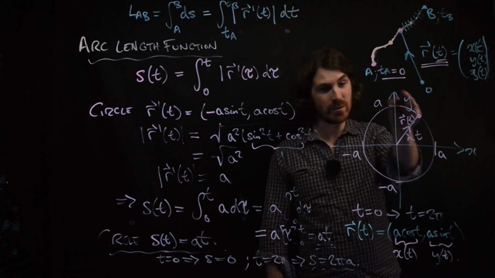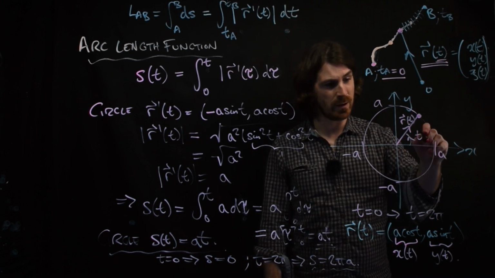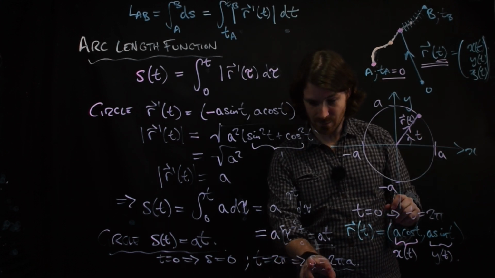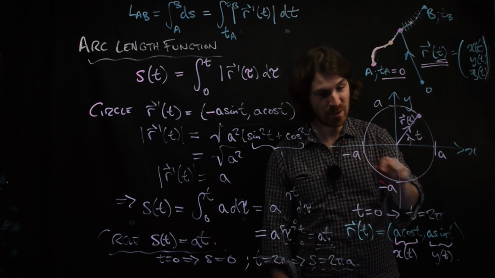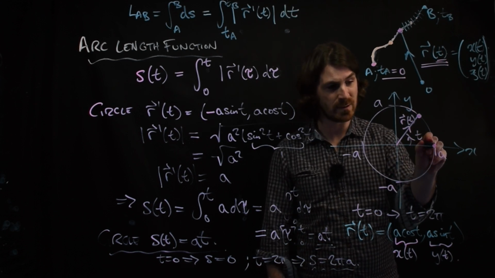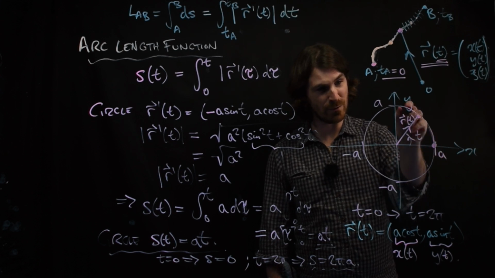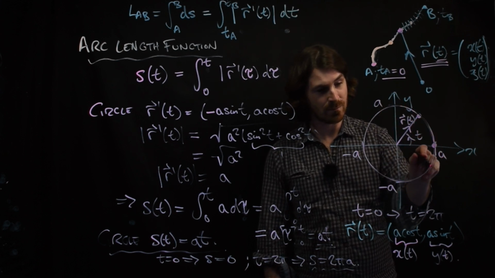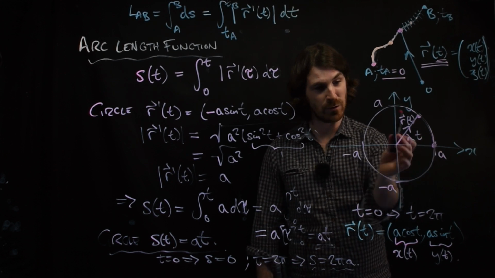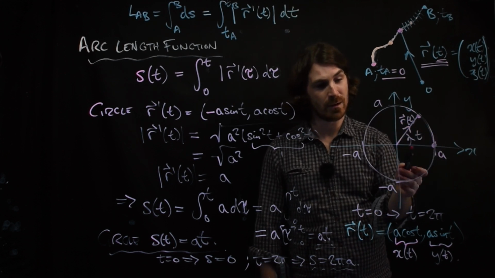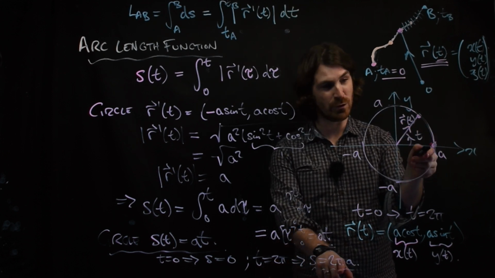It's the circumference of your circle. So this s really is a measure of your length. So this is t equals 0. As you go right round the circle, you go round by 2 pi if it's t, or in length you go round 2 pi a.